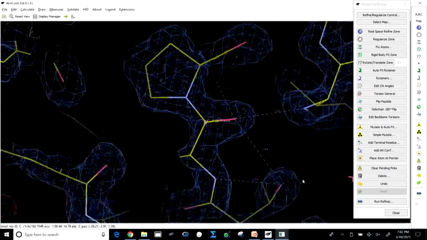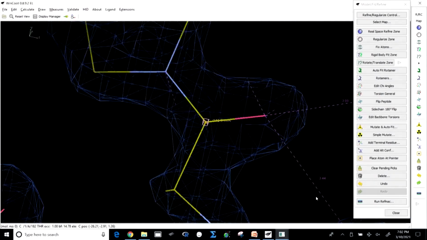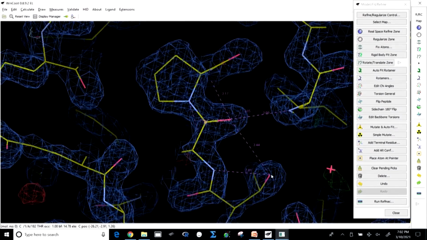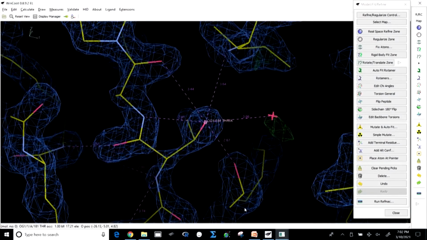Here you get the numbers, okay. You will see the numbers, you will also see the atoms like OG1 181 threonine.